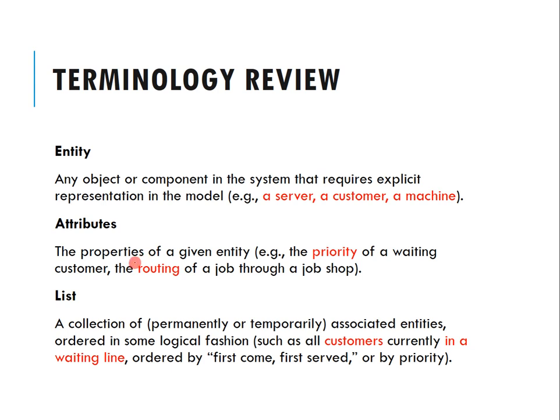Attributes are the properties of a given entity. Contoh kalau part, produk, okay, attribute dia apa? It can be the color. Okay, ada certain color. Part can be blue color, red color, yellow color. Or you can have priority of a waiting customer. Okay, this is attribute of the waiting line.